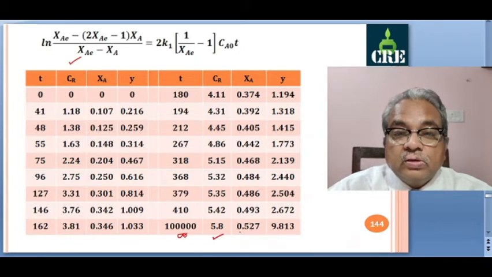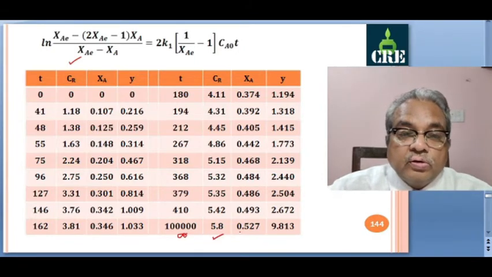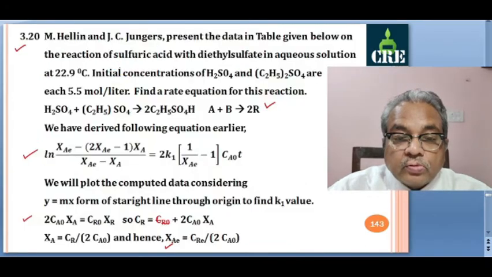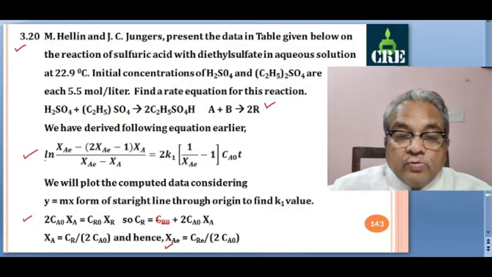So this is the data shown here. From Cr you can calculate XA. Once you calculate XA, you can calculate this complete logarithmic term as y. How will you find XA from the Cr data?